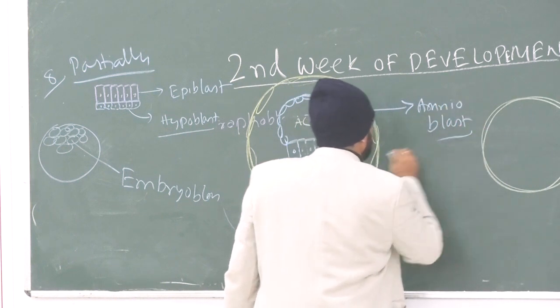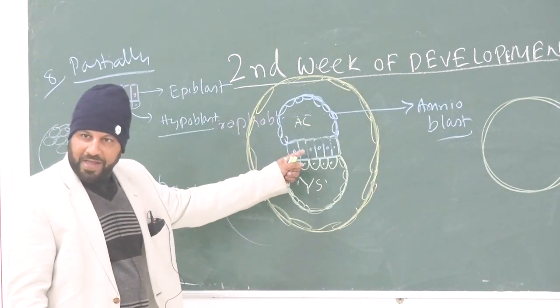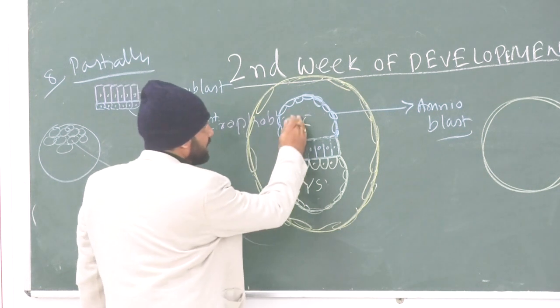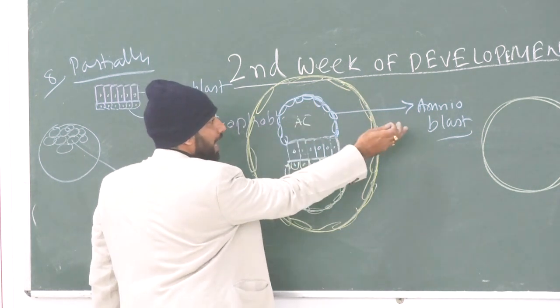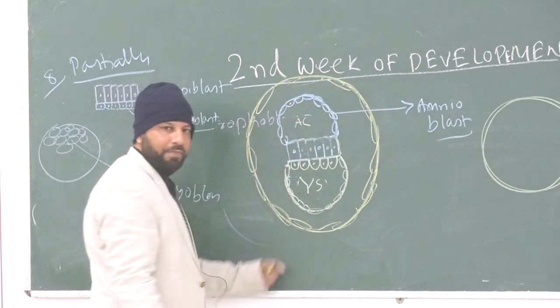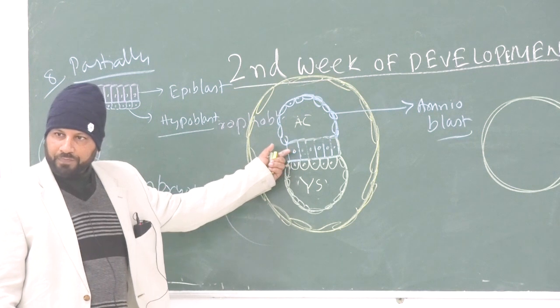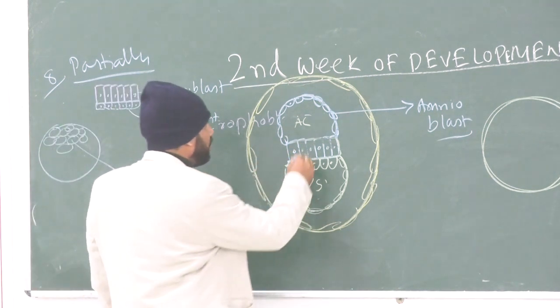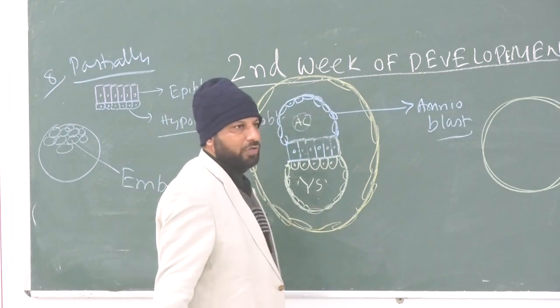The epiblast cells form the floor of the amniotic cavity, and the roof is formed by the amnioblast, which also comes from the epiblast cells. So two cavities formed, the amniotic cavity and the yolk sac.